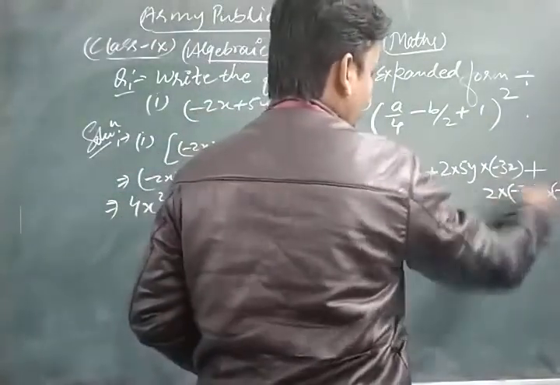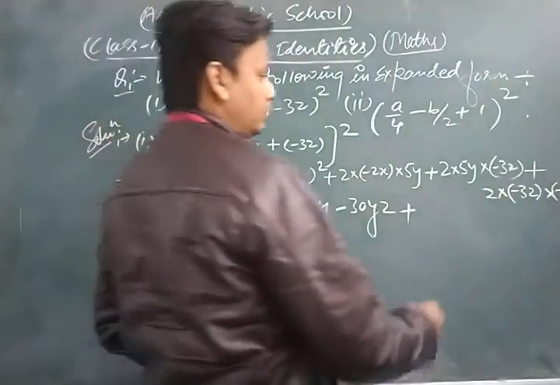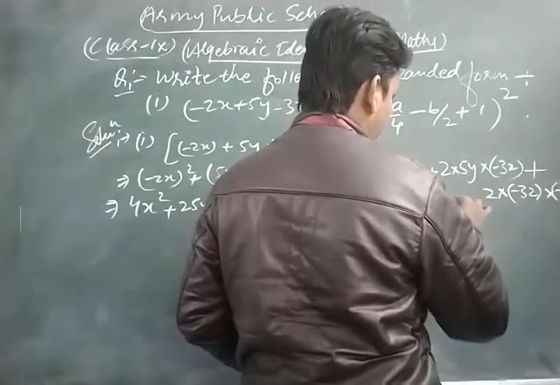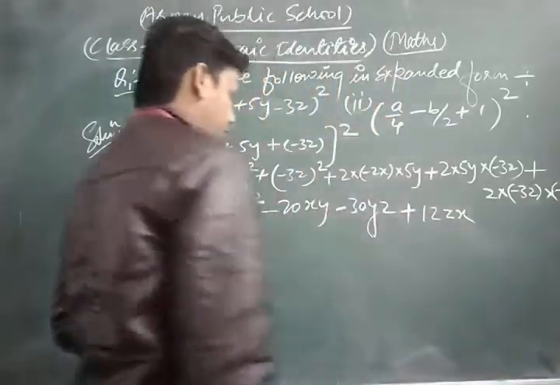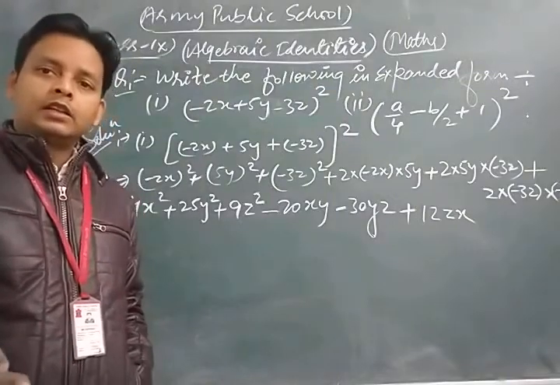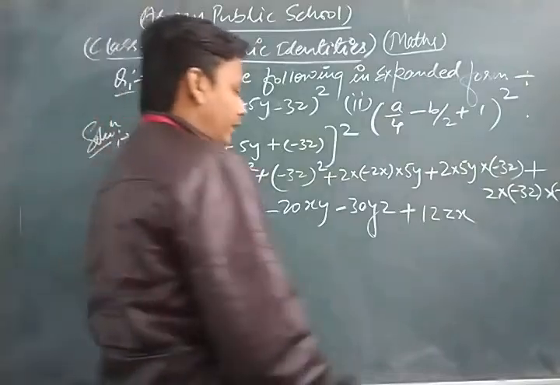Minus times plus is minus, and plus as it is. Here 12zx. So this is the expanded form of the given question. This is the final one.